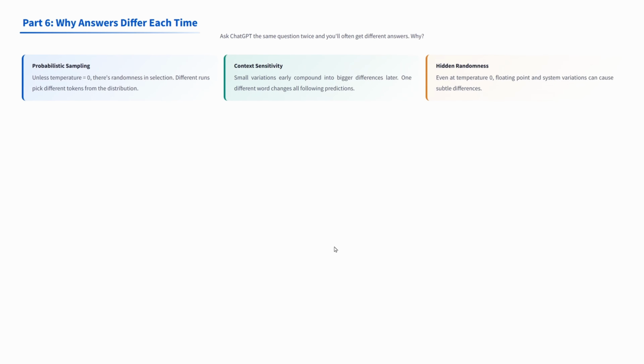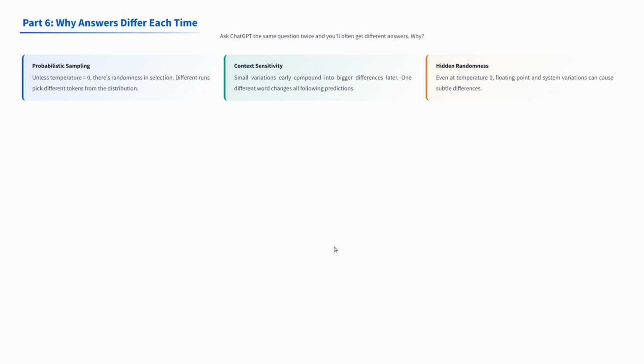Here's something every ChatGPT user has noticed. Ask the same question twice, you often get different answers. Now you understand why. Three reasons. First, probabilistic sampling. Unless temperature is exactly zero, there's randomness in selection. Different runs can pick different tokens even with the same probabilities.